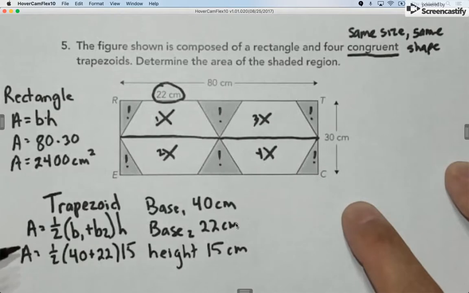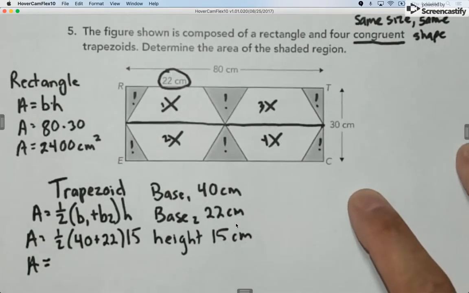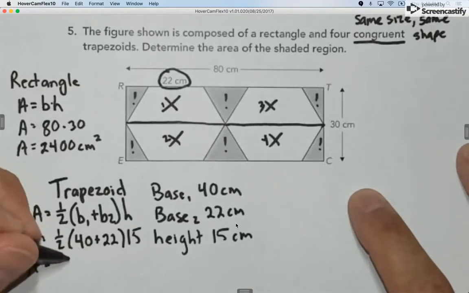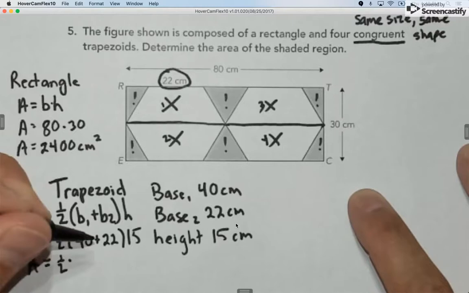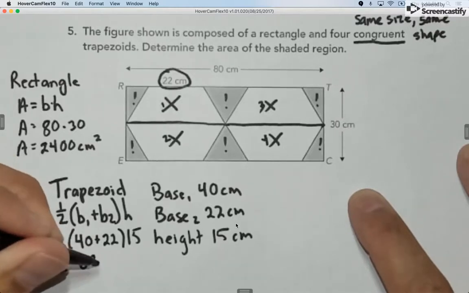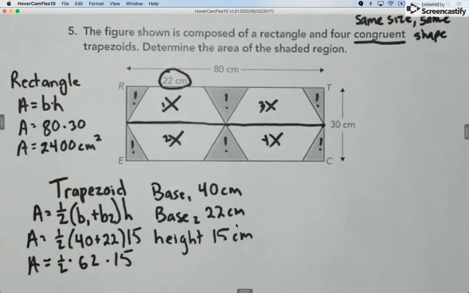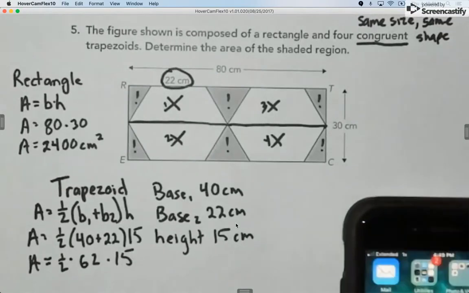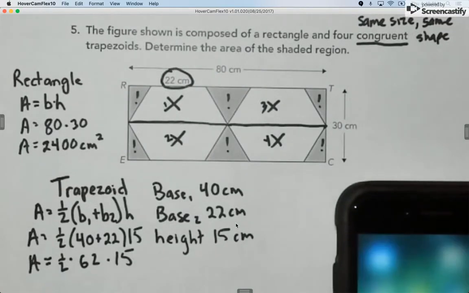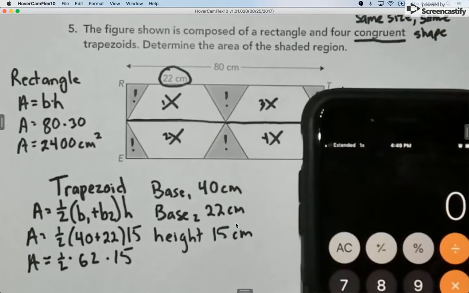Or if I calculate this out, I'm running out of room. I'll move you up. It's going to be half times 62 times 15. At this juncture, I'll use a calculator, and my calculator is going to hopefully tell me the answer. Come on, calculator.